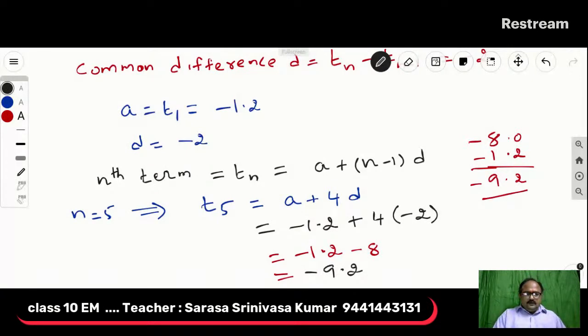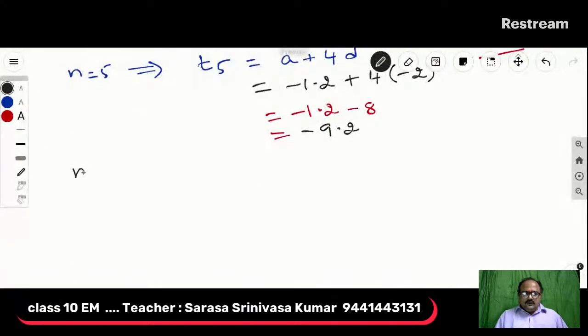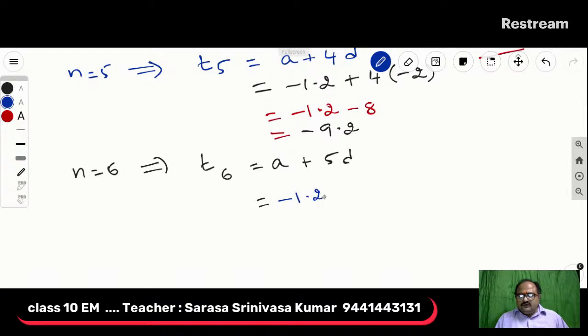We now find the sixth term, n equal to 6. This implies T6 equal to A plus 5D. Now this is equal to A is minus 1.2. The first term is minus 1.2. Minus 1.2 plus 5 multiplied by the common difference is minus 2.